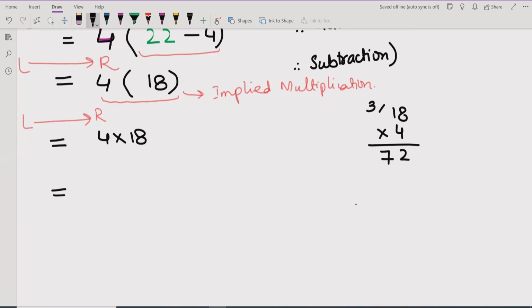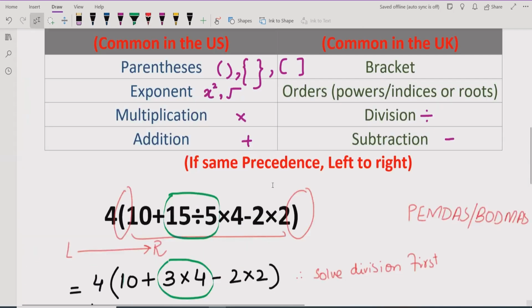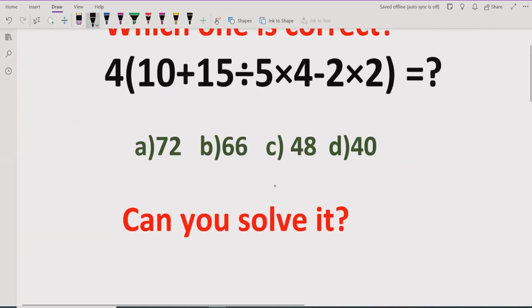So the correct answer of this expression is 72. In the answer list, option A is correct.